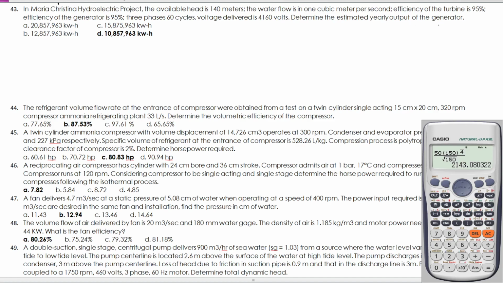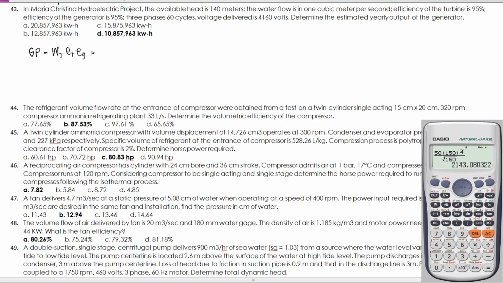So kung inyong mapapansin, this is just the same dun sa ating problem kanina na hinahanap is the generator output power. Ganun lang din yun. Okay, so dito lang ang hinahanap is per year na generator output power. Mula din sa ating ginawa kanina, ang generator output power ay equal lang sa ideal work ng turbine times the turbine efficiency times the generator efficiency.